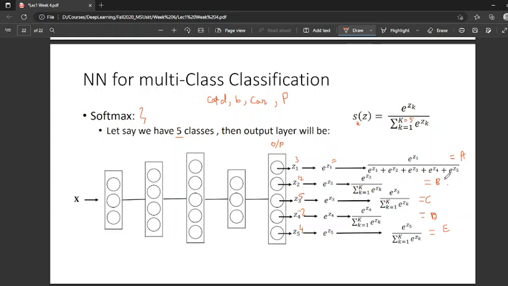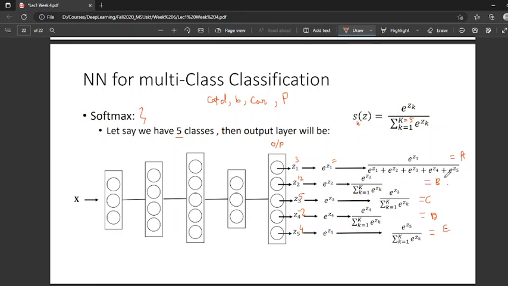Because b has the largest value, the neural network will classify this input as belonging to one particular class. If the output of the first node is related to class 1, then this one is class 2, class 3, class 4, and class 5.